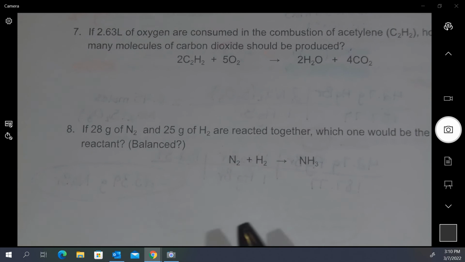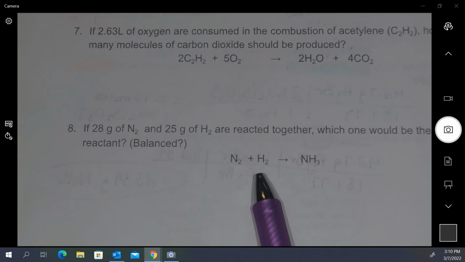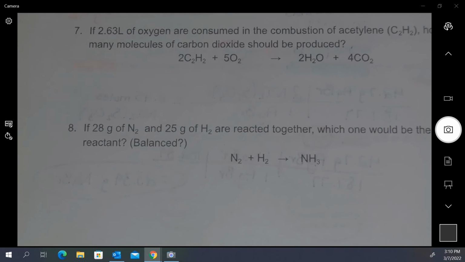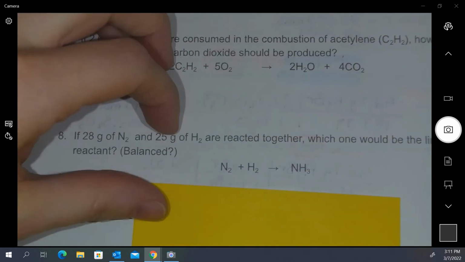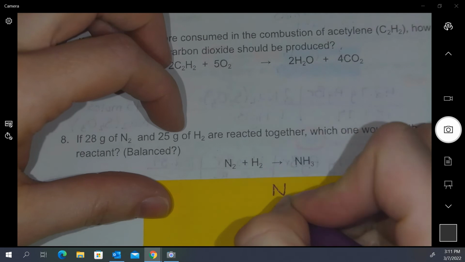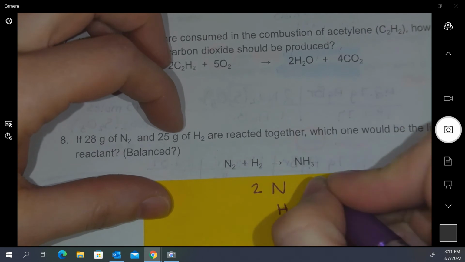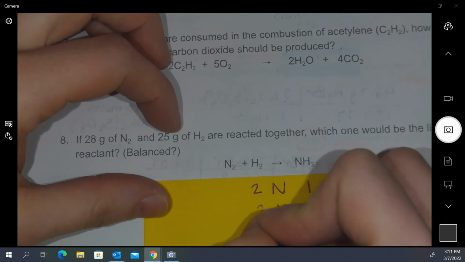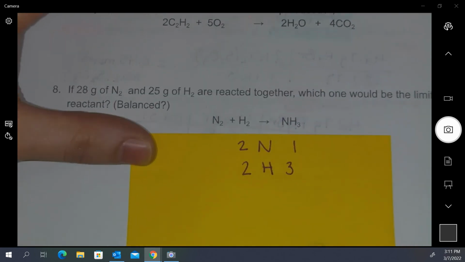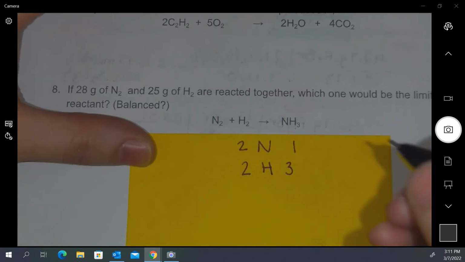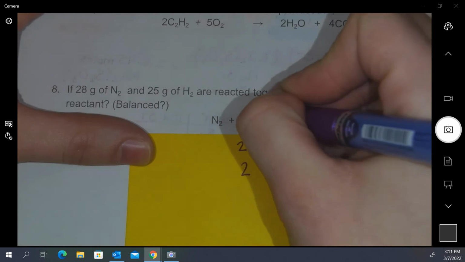So the first thing you need to look at, is this equation balanced? N2 plus H2 becomes NH3. If we look at this, we've got 2 nitrogen, 1 nitrogen, 2 hydrogen, 3 hydrogen. Is that balanced? No. In order to balance it, what if I put a 2 here?